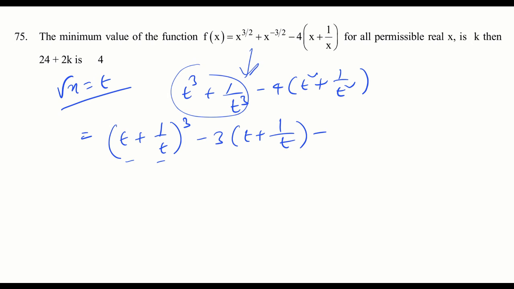And here a² + b², I'll complete the square. I'll have it as (t + 1/t)² − 2ab. That's what I get.